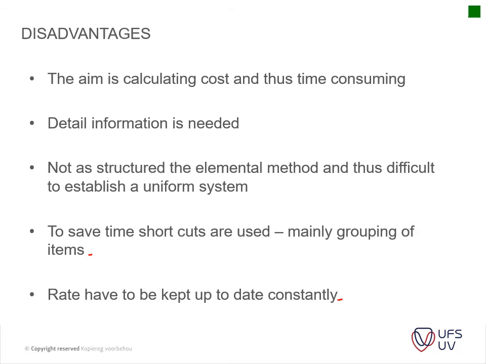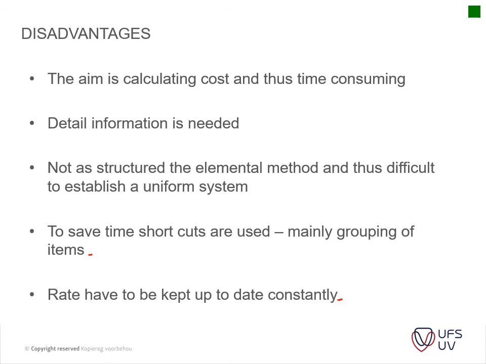So for instance, myself, I'd rather do an elemental estimate and then immediately jump to the bills of quantities instead of doing a comprehensive method, because all that it means is that you measure it quickly, but then you have to remeasure the works again whenever you do your bills of quantities.